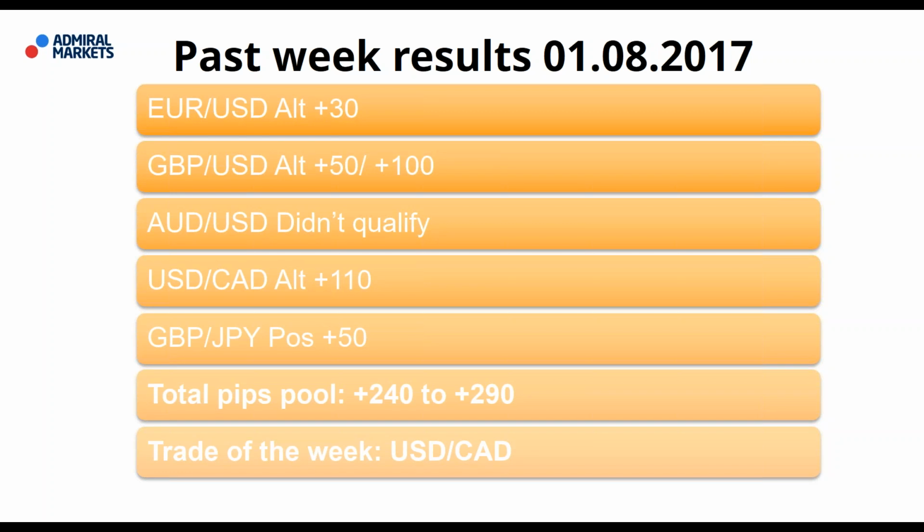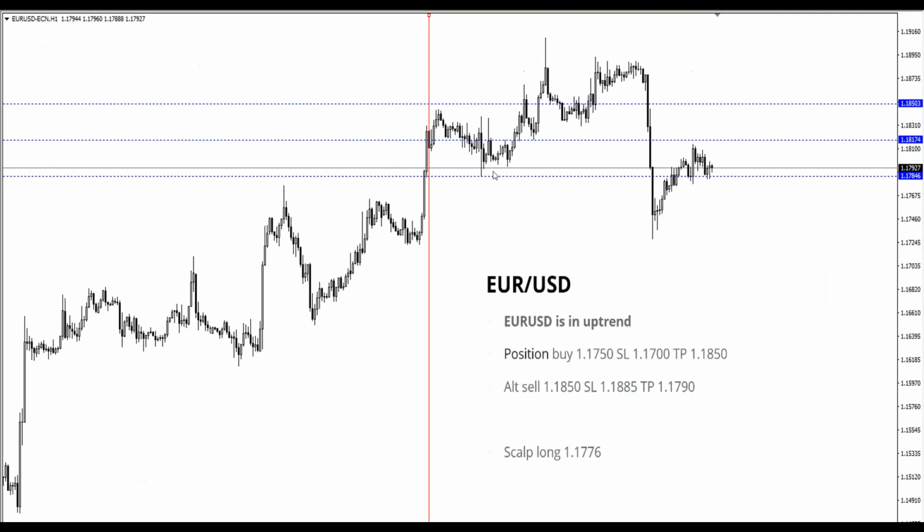Australian dollar didn't qualify, but if you went with a trend, you could have made something out of it. Dollar CAD was good for 110 pips. Pound yen positional trade was good for 50 pips. And total pips pool was 240 to 290, whereas the trade of the week was definitely dollar CAD.